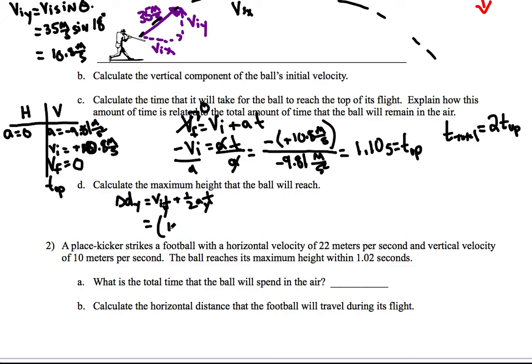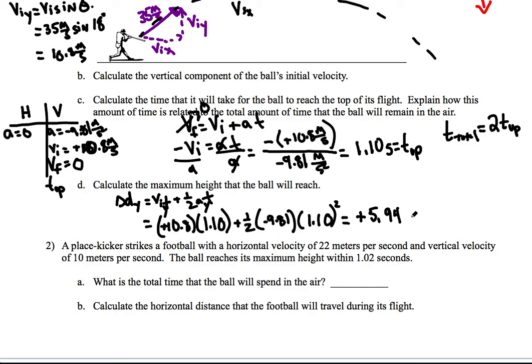So I have my 10.8 positive times 1.10, I'm going to drop my units here, I hope you forgive me, plus 1/2 times negative 9.81 times 1.10 squared. Go ahead and once again try to punch that into your calculator. Make sure this is a negative, so this whole side of the equation will be negative, and you'll add that to this. I'm getting a maximum height of a positive 5.94 meters.